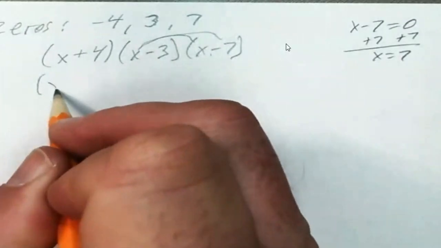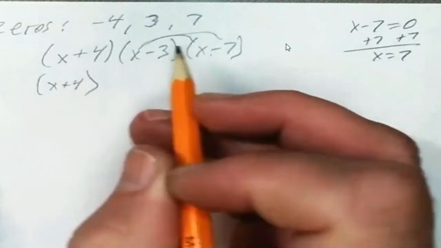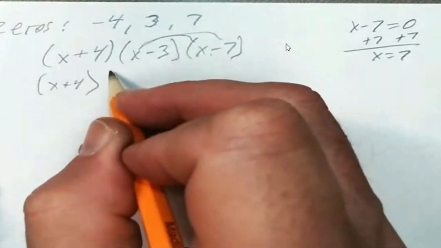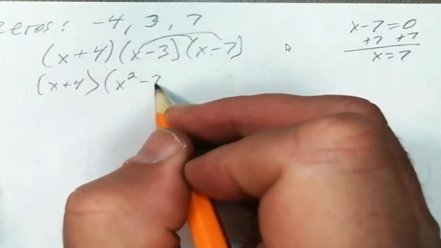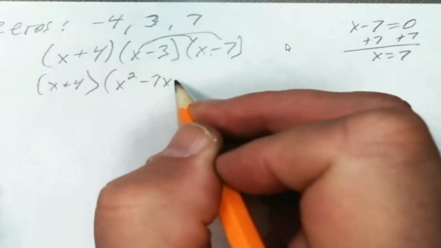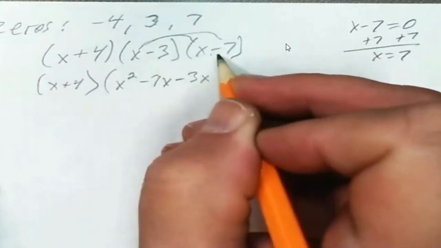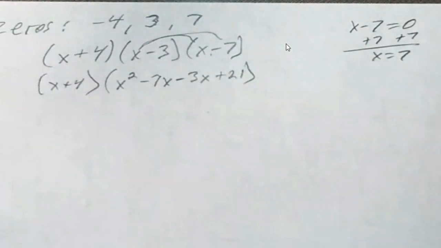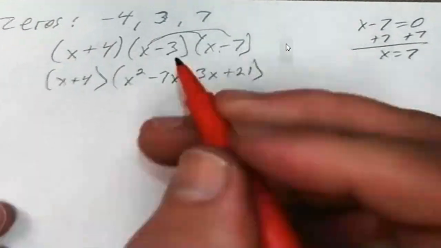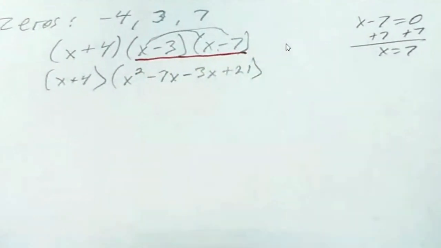So we got x times x is x squared, x times negative 7, negative 3 times x, and negative 3 times negative 7. See, all I've done so far is multiply together x minus 3 times x minus 7.